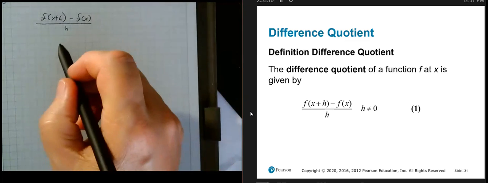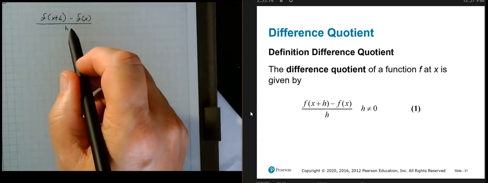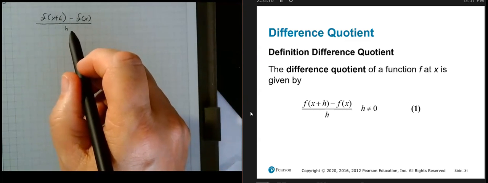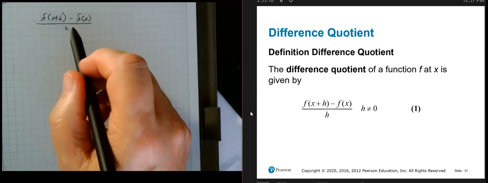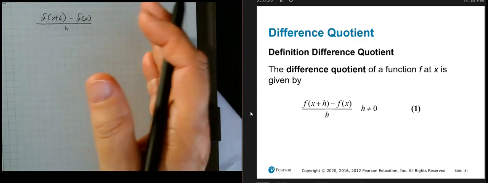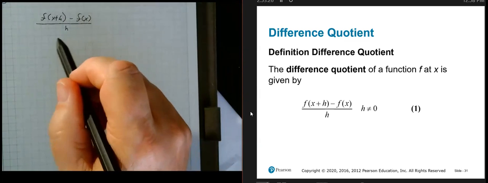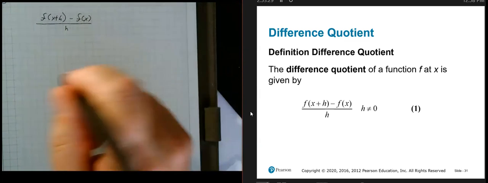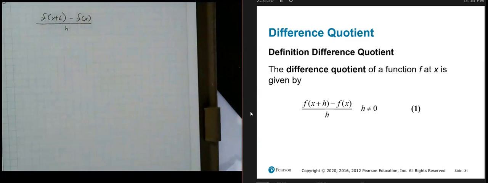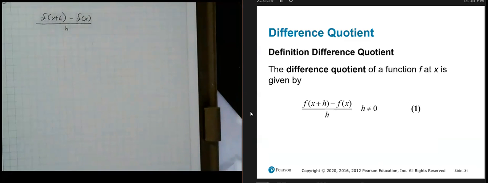I won't ask you to remember this formula. I will put this formula on the test in the question. So you won't have to remember this. I don't ask you to memorize this. You're going to have to in calculus, but at this point in the game, I don't ask you to remember it. Because once you deal with this problem on exam 1, you won't see this again from me.